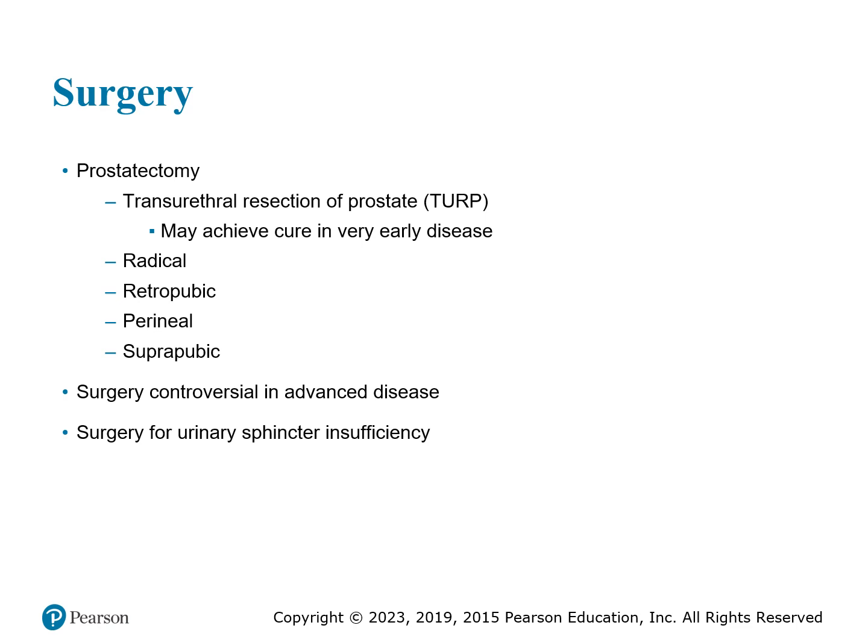Suprapubic prostatectomy is rarely used, but may be done when problems of the bladder are expected. Control of bleeding is difficult with this procedure because the surgery is complicated and is completed going through the bladder.